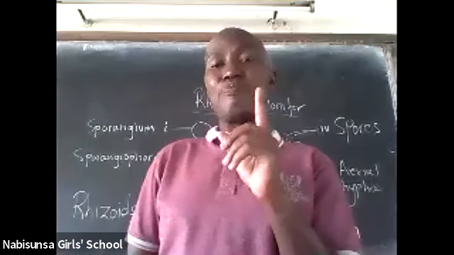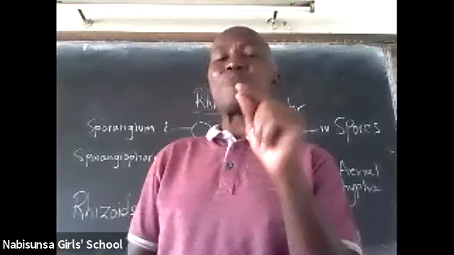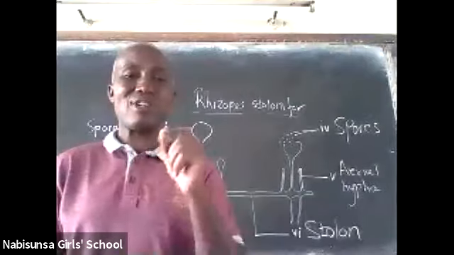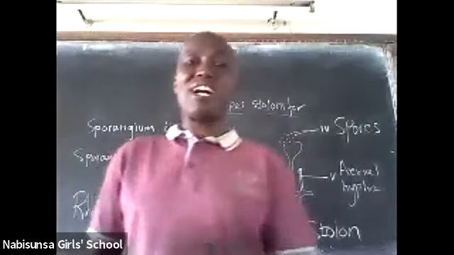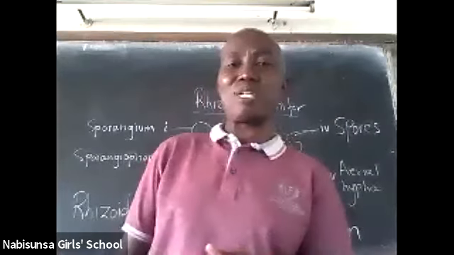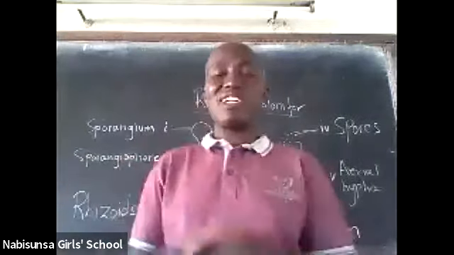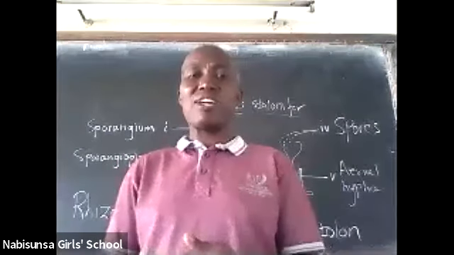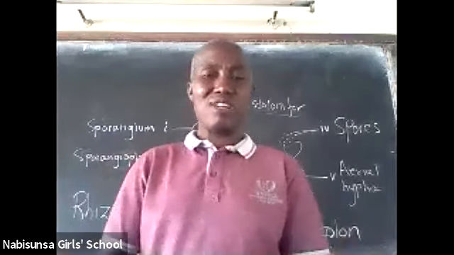Probably another part of the assignment, look up economic importance of fungi. You can actually get around 10 points. And as you look for the economic importance, don't only look at the ways the fungi are useful, you also look at the ways the fungi could be harmful.